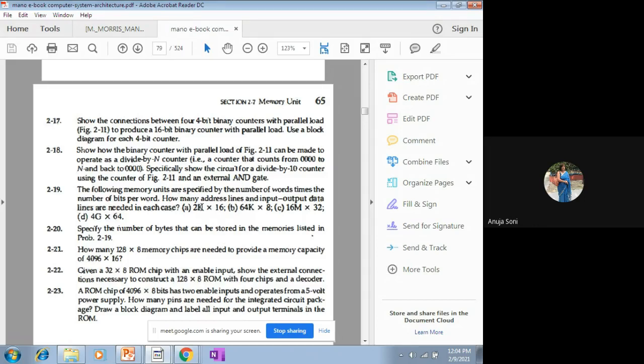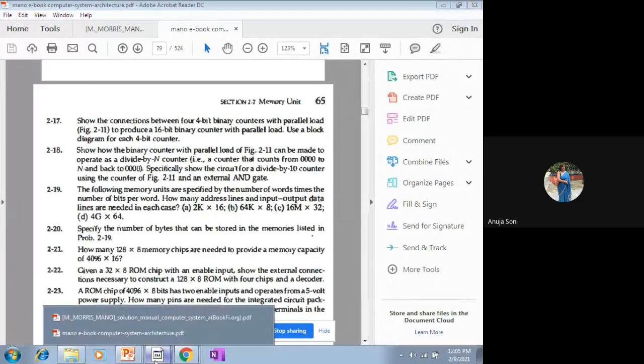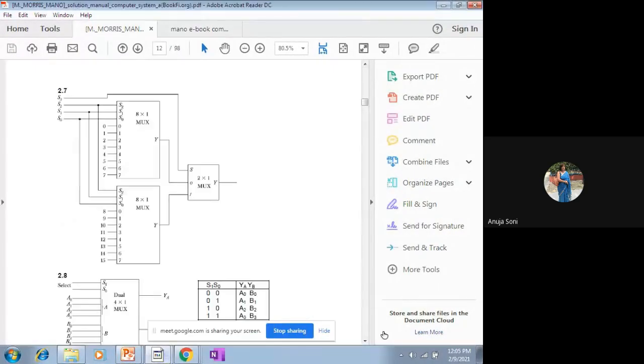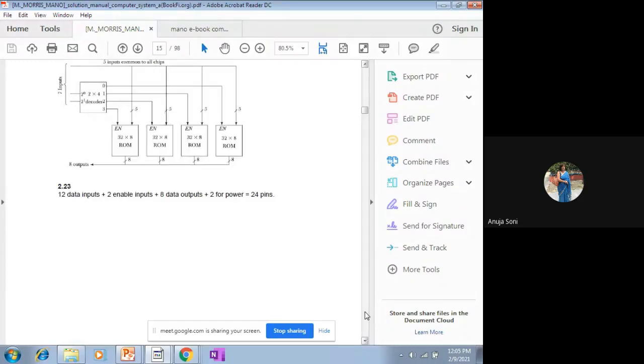The k will be equal to 1024. 1024, converted in terms of power of 2, will be 2 raised to power 10. So 2 into 2 raised to power 10 will be 2 raised to power 11. So 11 will be the number of address lines. This way you will be solving question number 19.